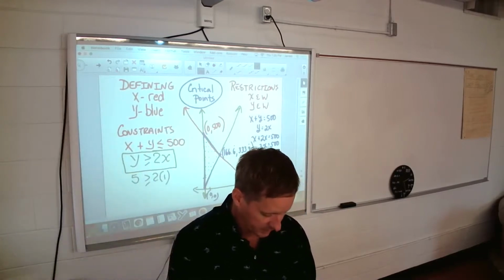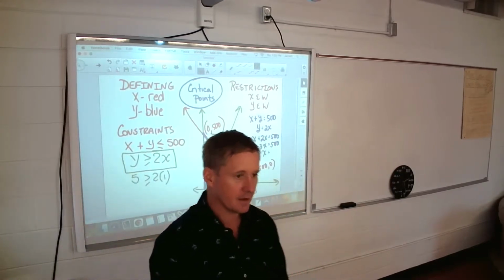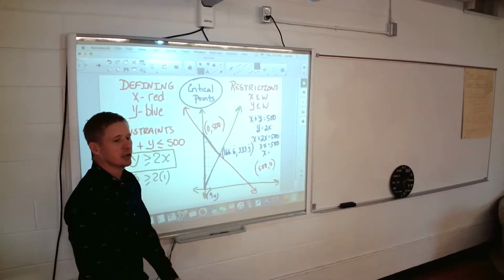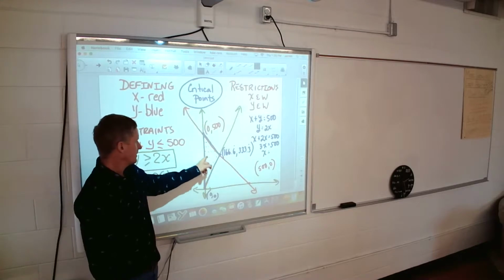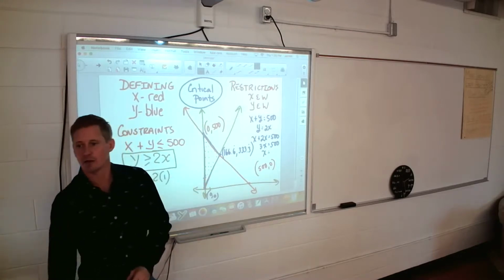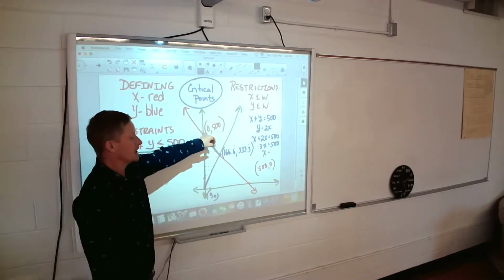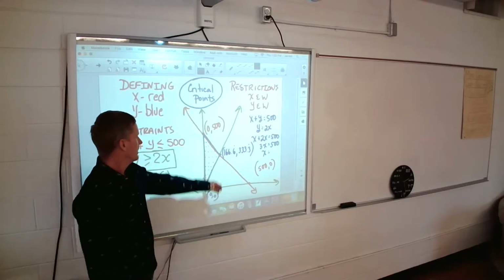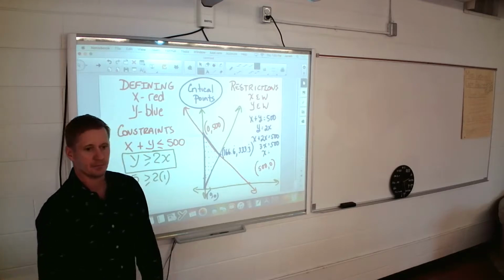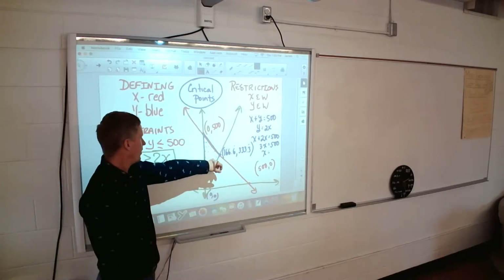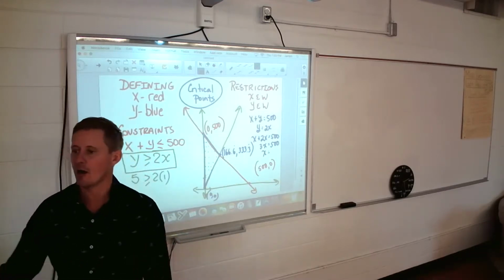Suggest a combination of t-shirt sales that could be made. Well, a combination that could be made is any dot inside this boundary line. I could go 0 and 500. I could go 167 and 333. Any dot in there would be a combination.